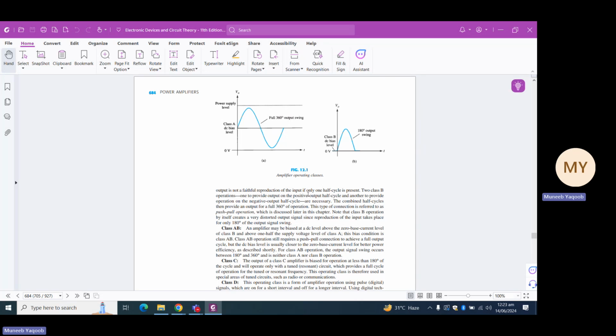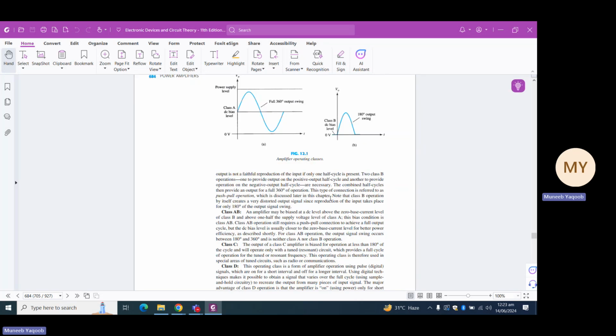So you can see in figure 12.21 that the output waveform is drawn for the entire 360 degrees. So in class A power amplifiers, output is provided for the entire complete cycle, but the efficiency is poor, about 25%.